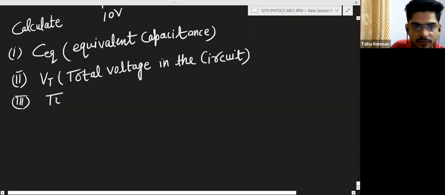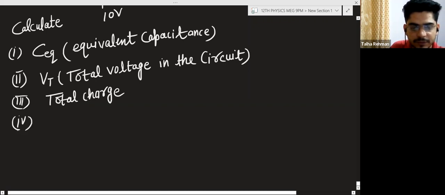Third, total charge. Fourth, charge in each capacitor.